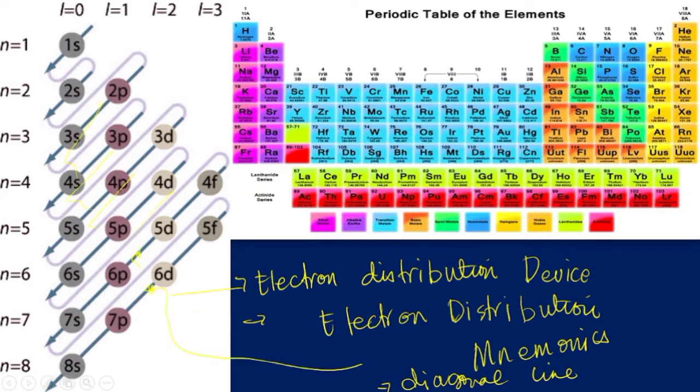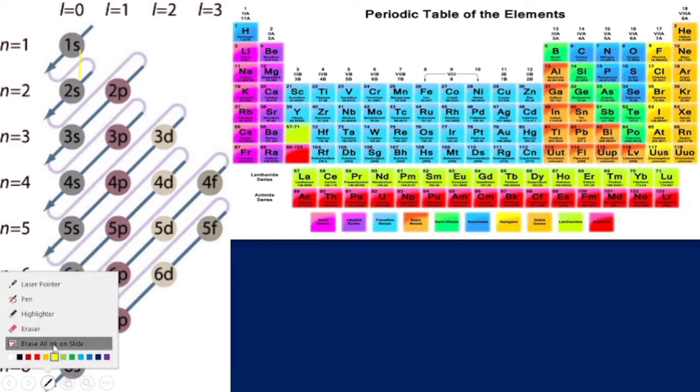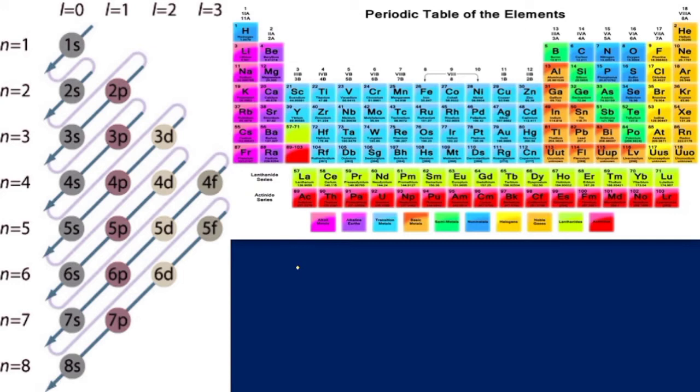Now let's give some examples of the electronic configuration. Let's say, for example, we have beryllium. Beryllium, which is found here, has 4 electrons.